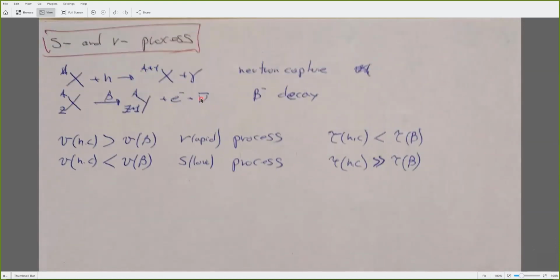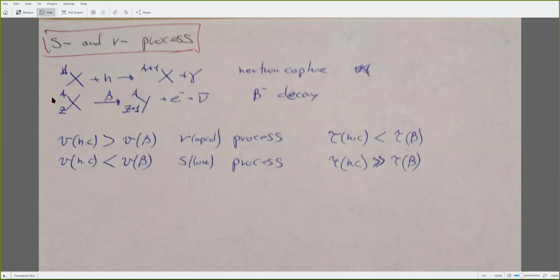There are two other main processes, the S and the R process, slow and rapid. They are connected with two reactions. Neutron capture: an element captures a neutron, which increases its mass number, and emits a photon. Or we have beta decay, beta minus.